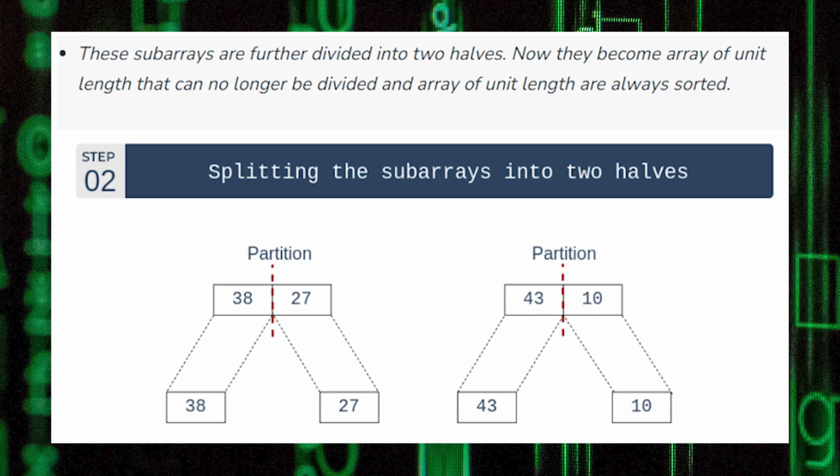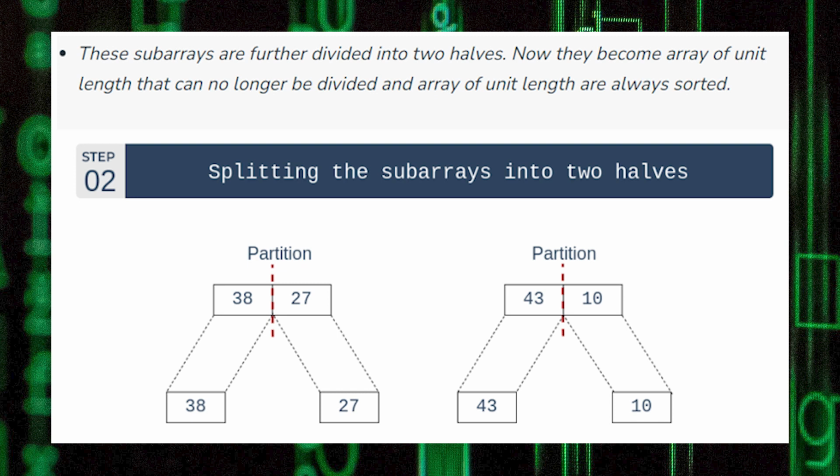The second step is splitting the sub arrays into equal parts, that is 38, 27, 43 and 10. These are the two sub arrays we are having. The leftmost array consists of 2 elements, the rightmost consists of 2 elements.